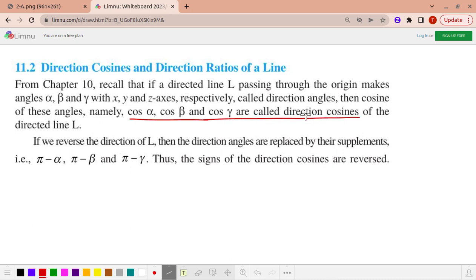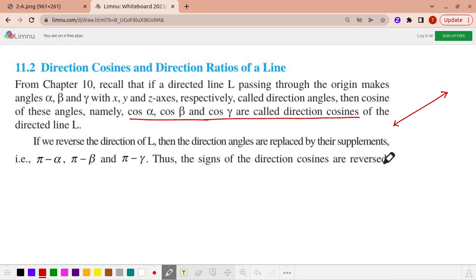I repeat once more. Suppose there is a directed line. What is a directed line? In brief, it is a line which has a proper direction. Because if I construct a line, the direction could be this way or it could be this way.